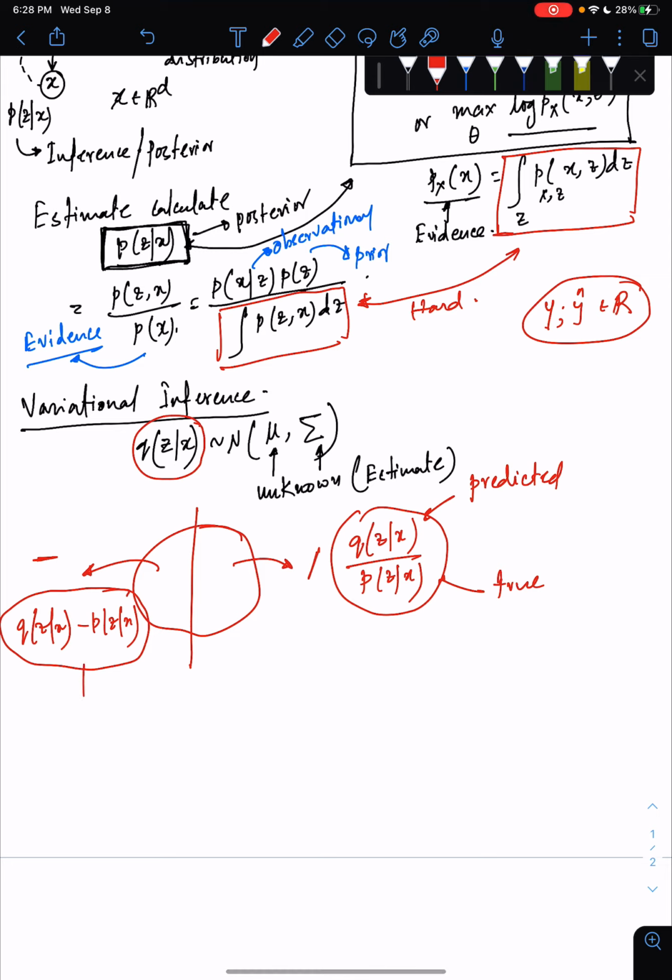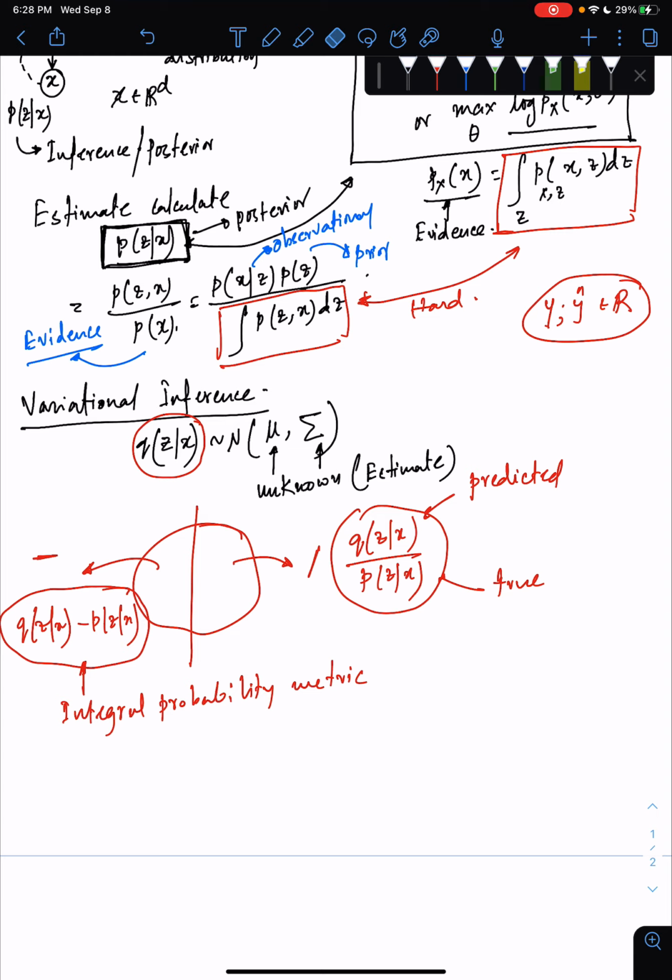This form is sometimes called an integral probability metric. What we are trying to do is predict a particular distribution and minimize the difference between the predicted and the true distribution.